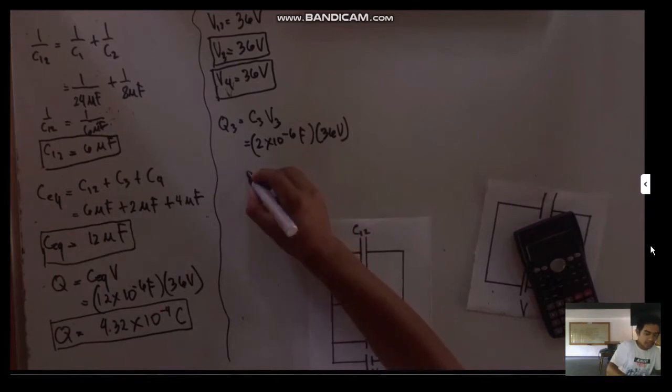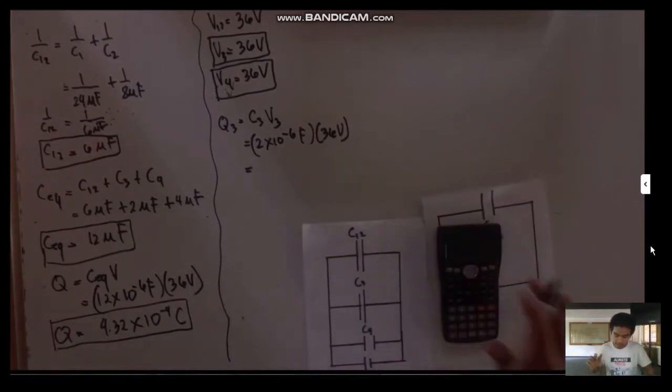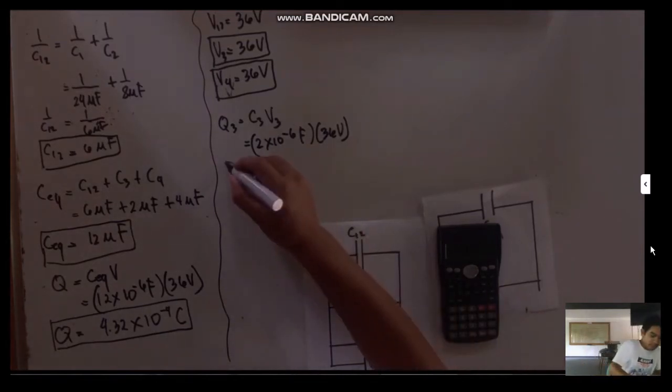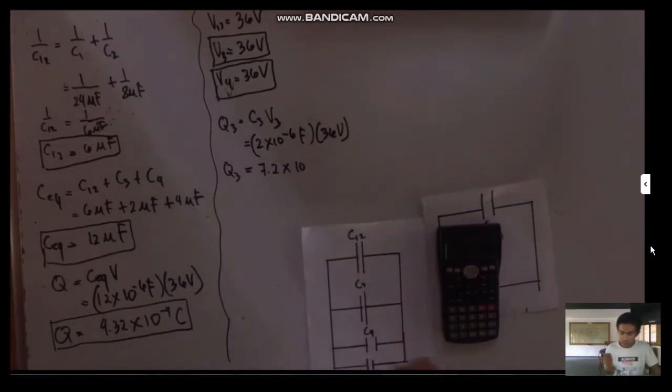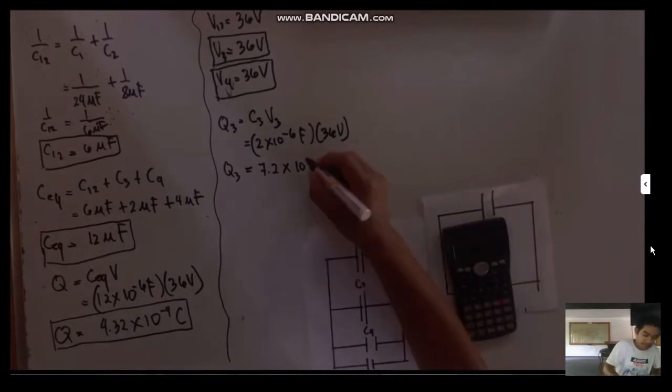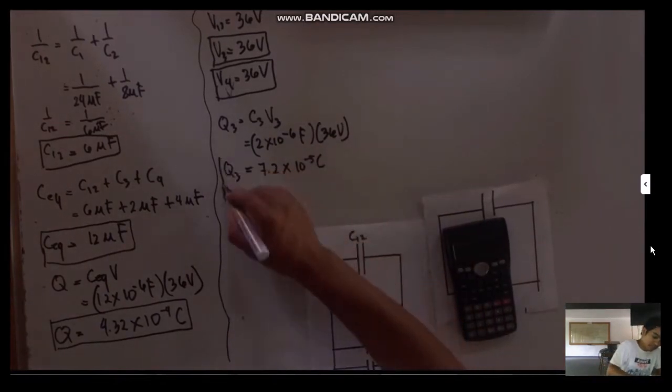So the charge of 3 is 7.2 times 10 to negative 5 coulomb.